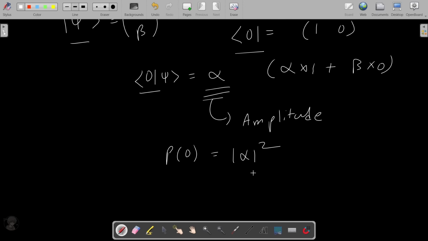Let me repeat again. When we measure, the machine can only give 0 or 1. That means it only checks, are you horizontal or are you vertical? The more horizontal you are, the more likely you return 0.